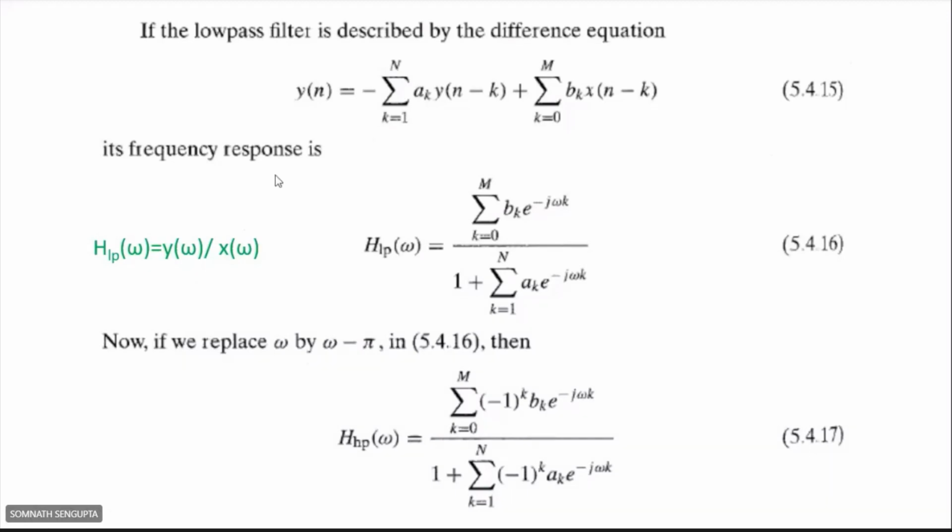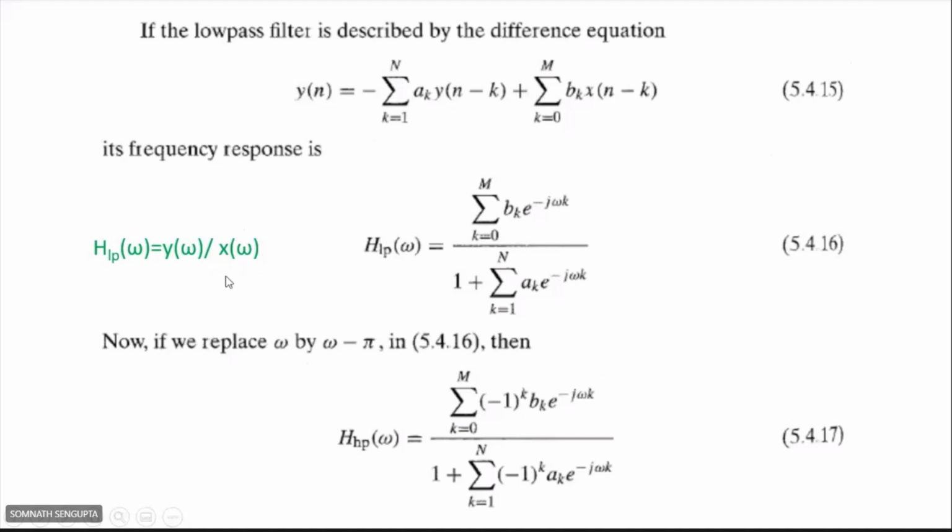So for this case, what is the frequency response? We calculate it by using this property: H_LP of omega is output by input, Y of omega by X of omega. So what is Y of omega?